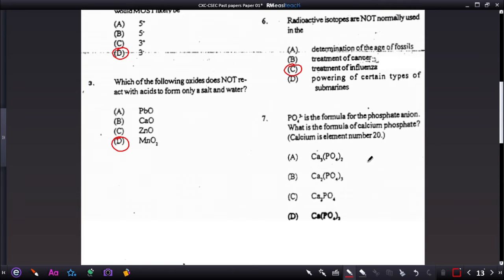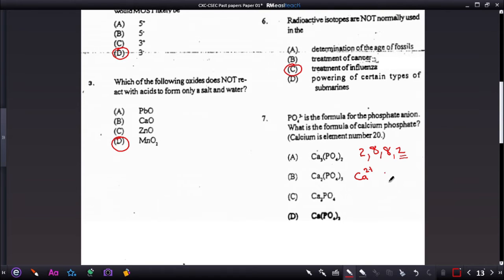And if you have 20 electrons, then we can write the electronic configuration of calcium, which is 2882. This tells us that calcium has 2 electrons on its outer shell because the last number in the electronic configuration is 2, and it is also in group 2. That means calcium forms the 2+ ion.